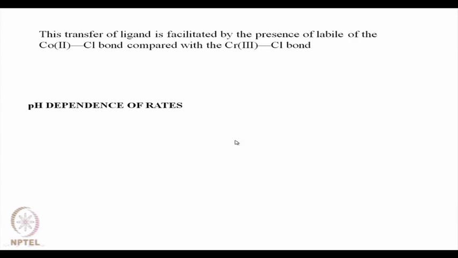Okay, and this electron transfer is also very much dependent on the pH of the medium. So, pH can also play a crucial role in determining the electron transfer rate.